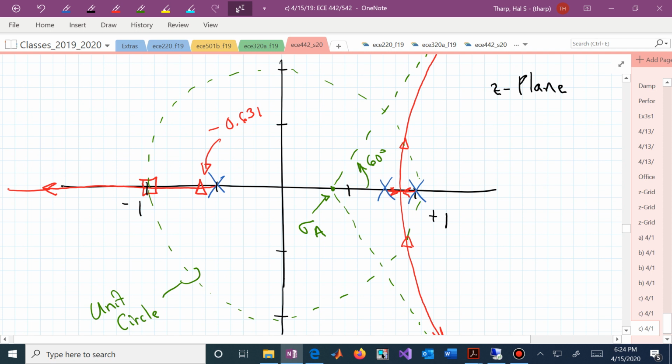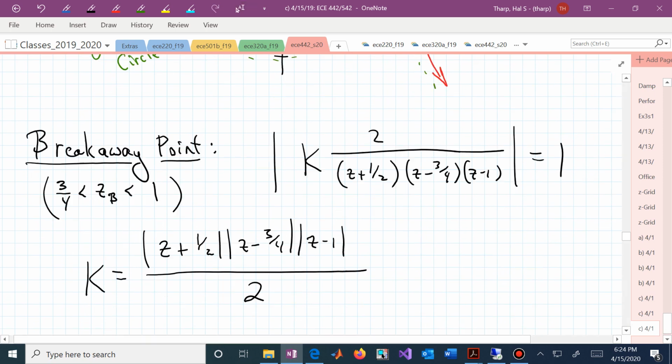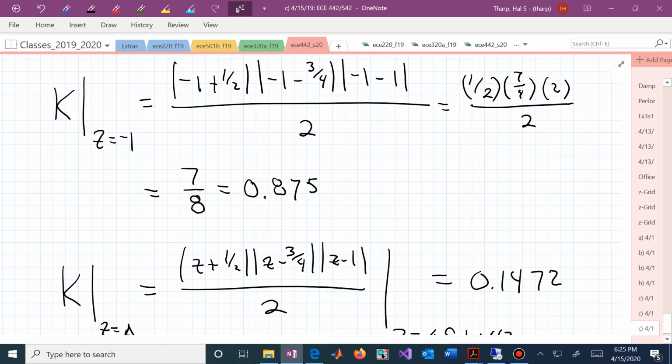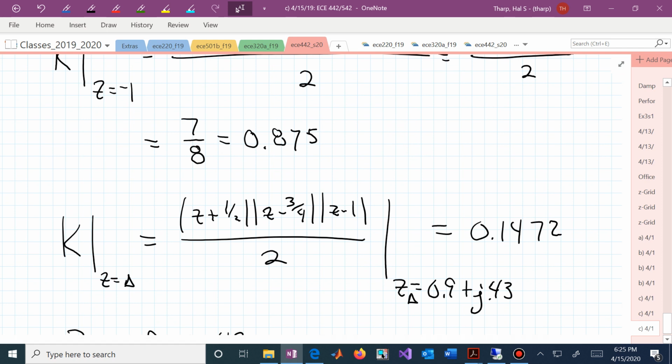We know that we've broken away at 0.881 for z sub b, and we know the branches are approaching those construction lines, and that will allow us to more effectively determine where those points are that are indicated by triangles. Let's just say that they're at 0.9 plus j 0.43.